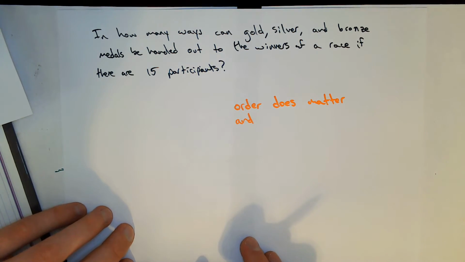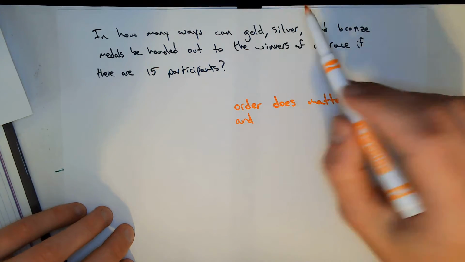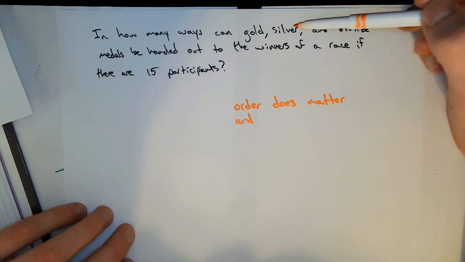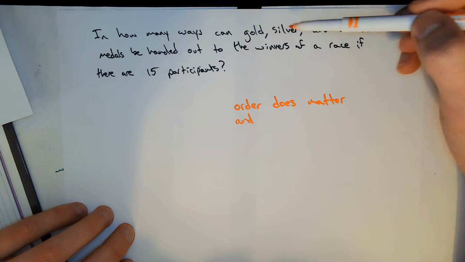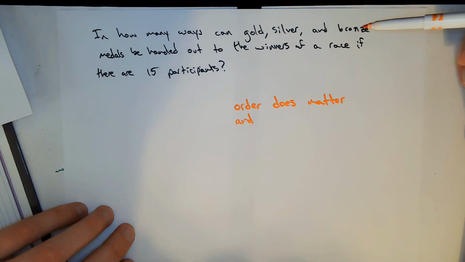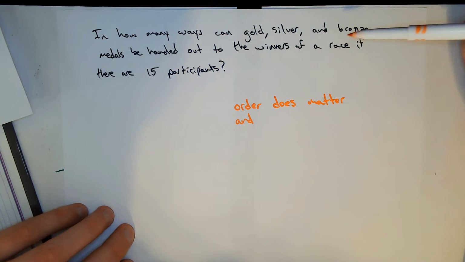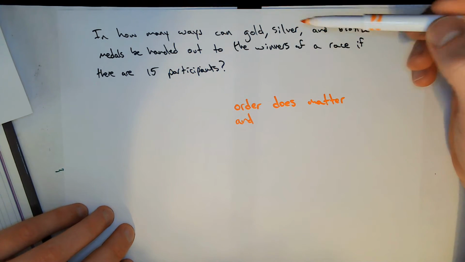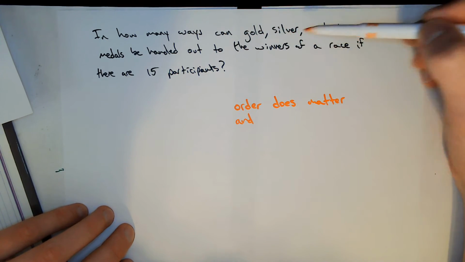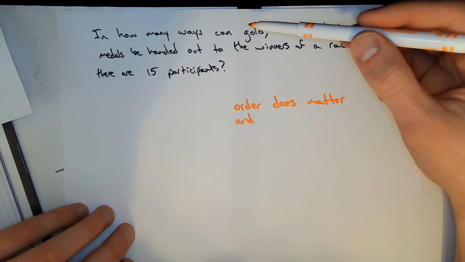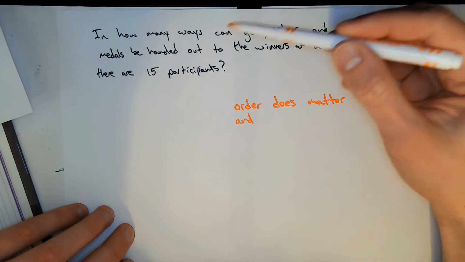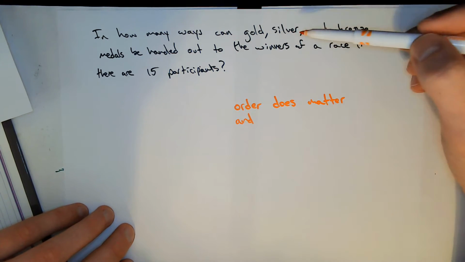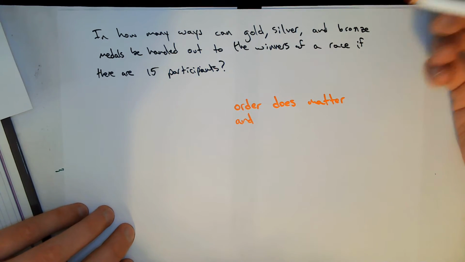Because giving John, Bob, and Sally medals, gold, silver, bronze, the order very much matters for who gets gold, who gets silver, and who gets bronze. The triple of John, Bob, Sally is different from Sally, John, Bob. The order of who's up on the podium matters. It matters to those people.